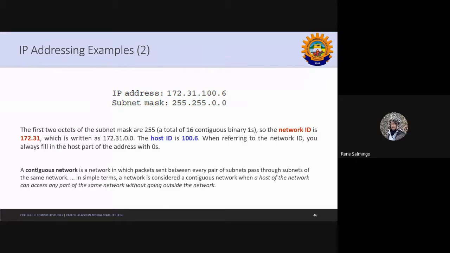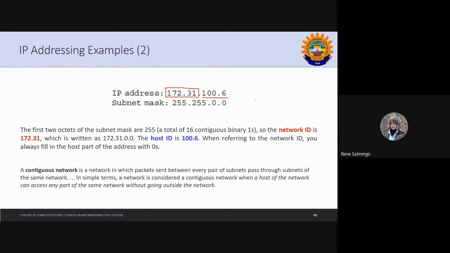So this is Class B, correct? And it's one of the contiguous networks in which the packets sent between every pair of subnets pass through the subnets of the same network. So the network ID is this, for Class B. And for your host ID, that is 10.100.6.